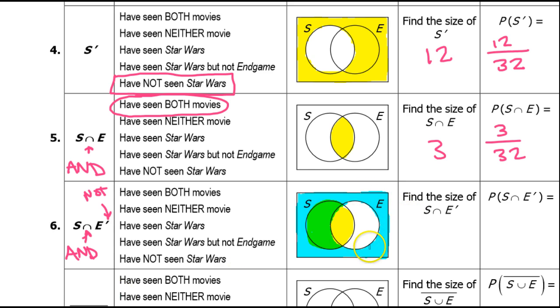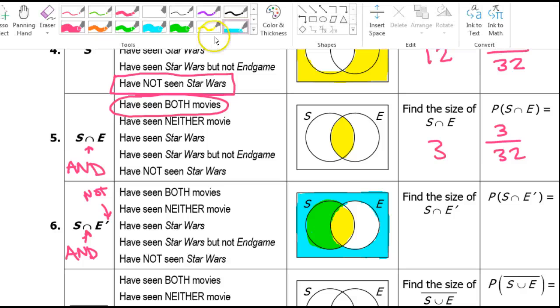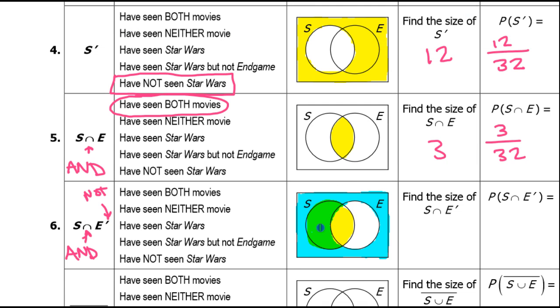The blue here represents everything that is not in set E. But this is an AND problem, so we are only going to highlight the overlapping part. Now I purposefully used yellow and blue because I knew that the overlapping part would be green. So the green part of this picture is the only part that's really going to be the answer. So I now need to go back and erase everything and have only the green part.